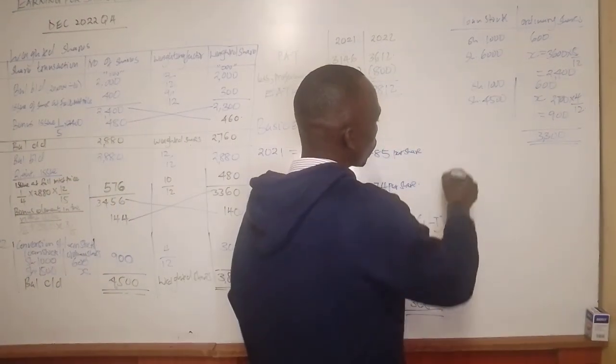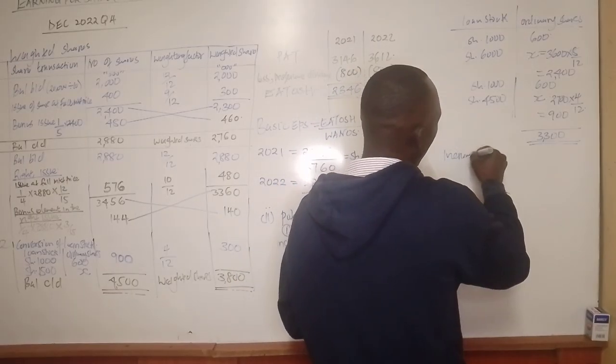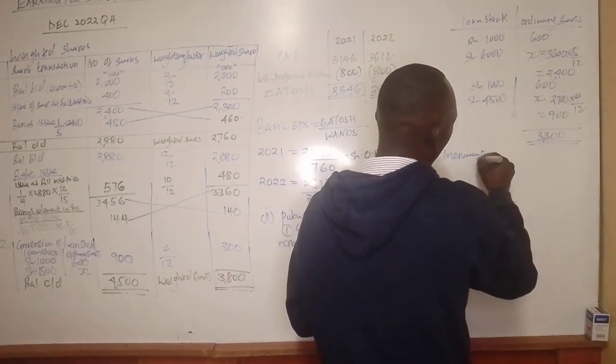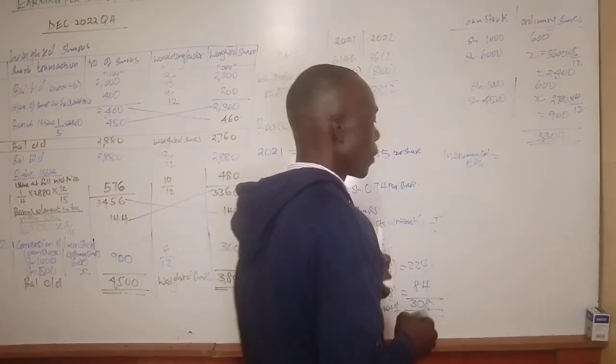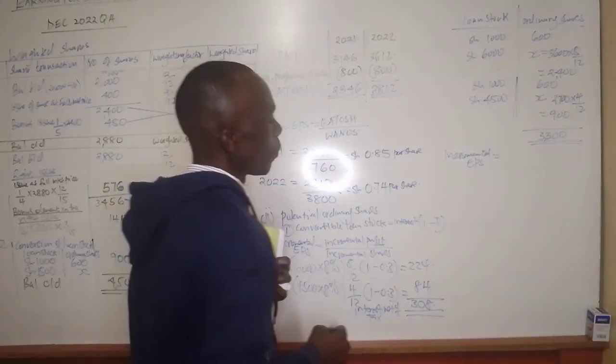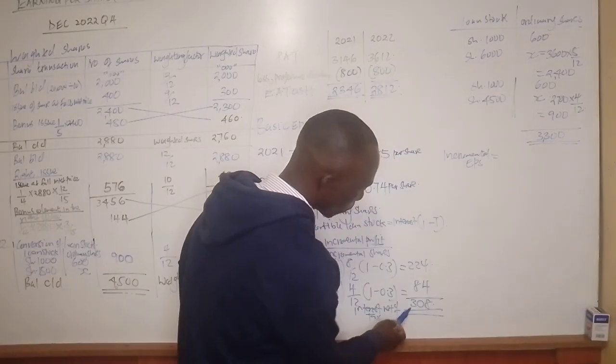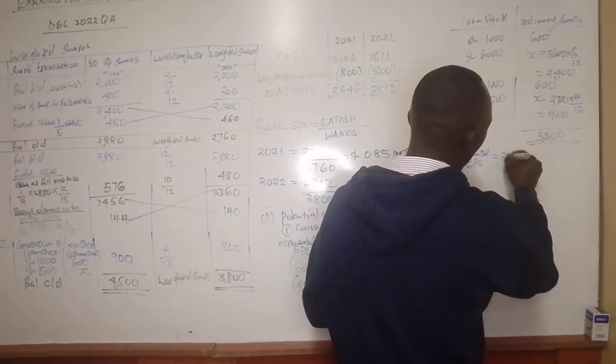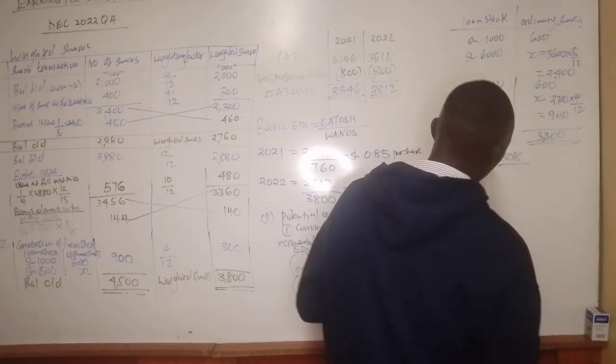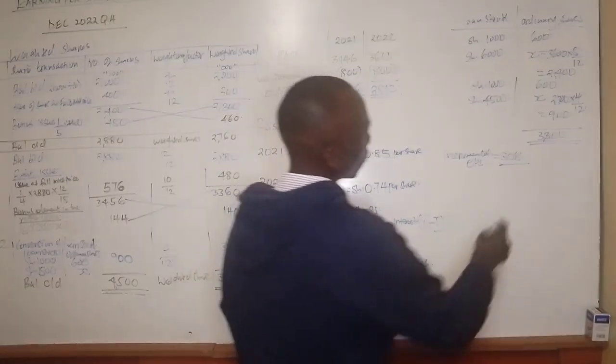Now we can compute what? Incremental EPS. And our incremental EPS will be given by incremental profit. Our incremental profit is here. It is 308. Then we divide by incremental shares.